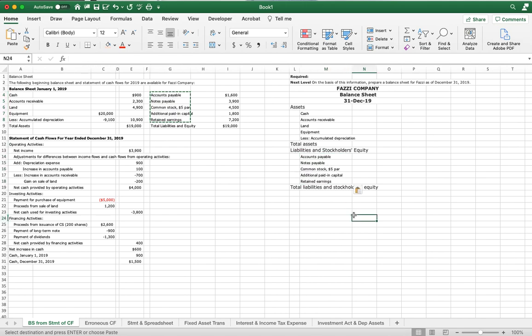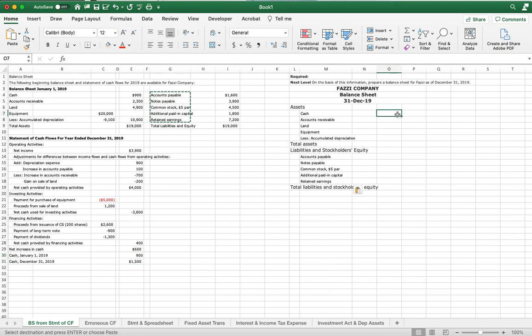And then we can look at this information and the statement of cash flows to figure out what our ending balances are. So we have, starting with cash, and we know that our ending balance sheet cash has to be this December 31st cash amount of $1,500.